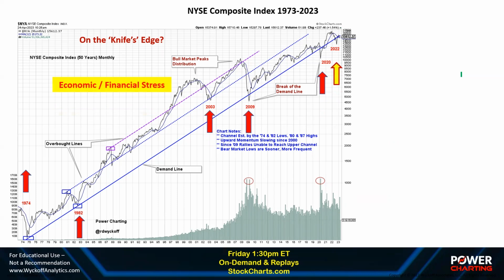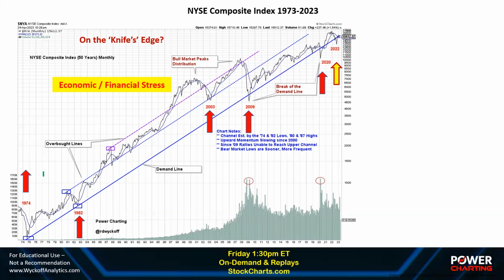And it has this beautiful trend channel that has taken place from the 74 lows and connecting the 82 lows. And we call this lower line a demand line. And then the upper lines, which are parallel, are called overbought lines. You can see how well these overbought lines worked.